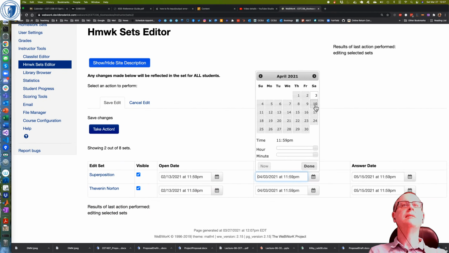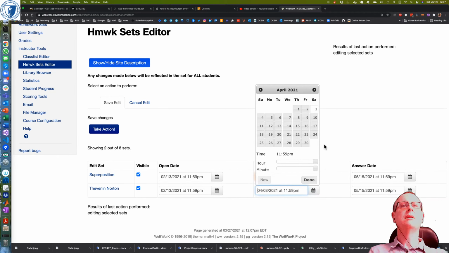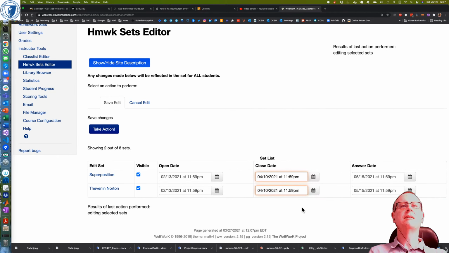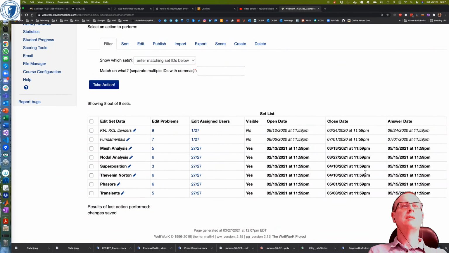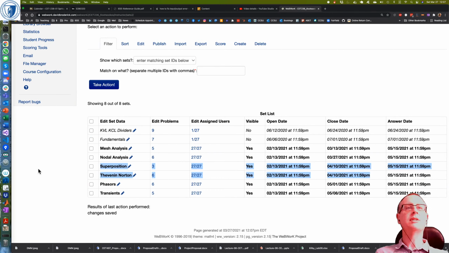So rather than the 3rd, they should both be due on the 10th. Okay. So now Superposition and Thevenin are both due on the 10th. Okay, does that fix it?